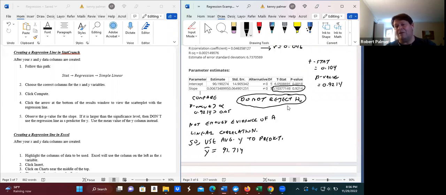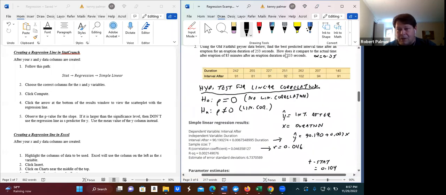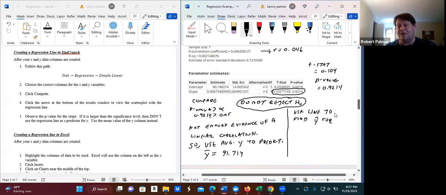Now, I'm kind of running out of room. We're going to use the best fit line to find the y hat for what it asks us, a duration of 253 seconds. What that means then is x equals 253.